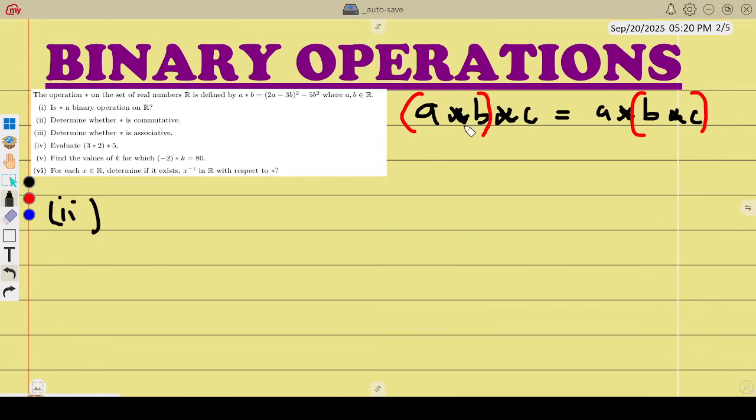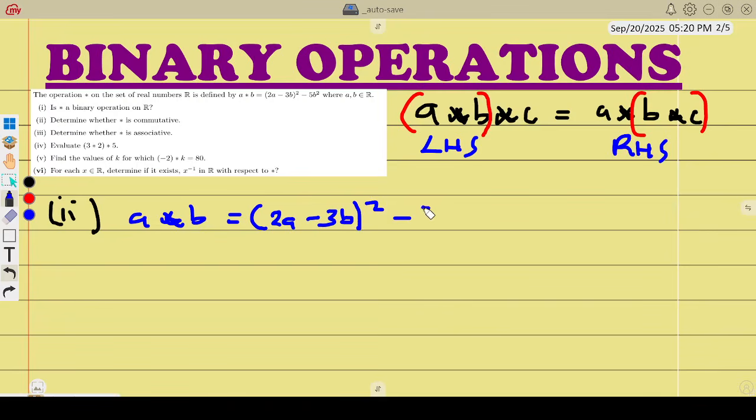So here, this is our left hand side, and this is the right hand side. So are we going to get the same? We can start. Remember, A star B is equal to 2A minus 3B squared minus 5B squared.